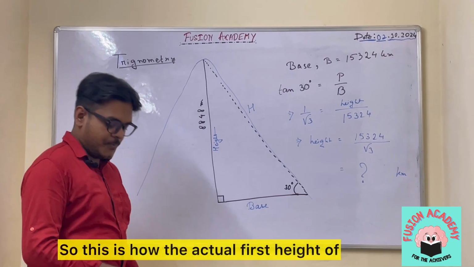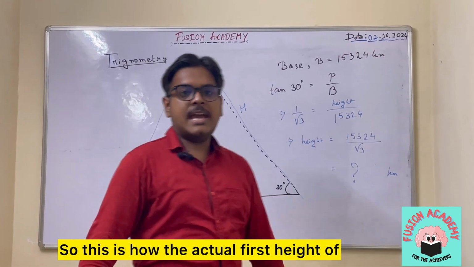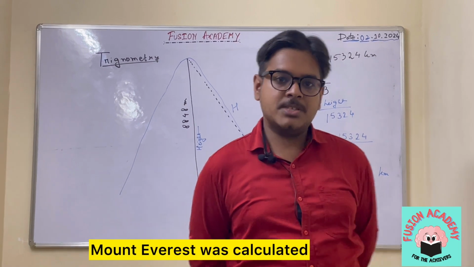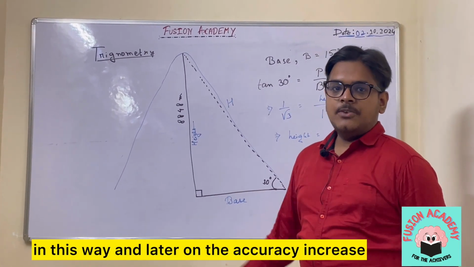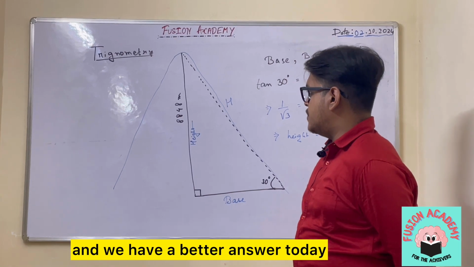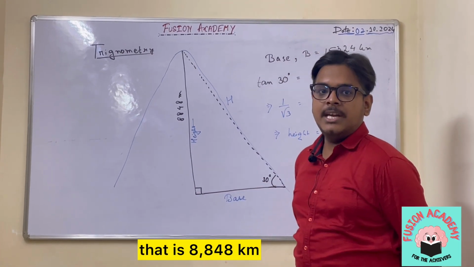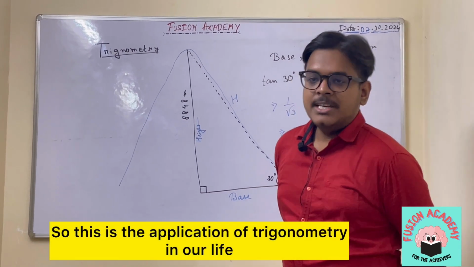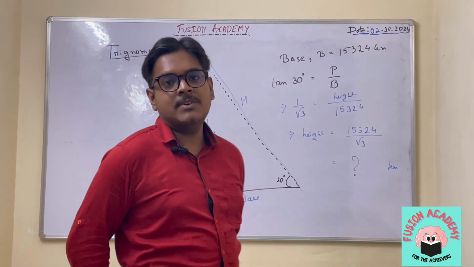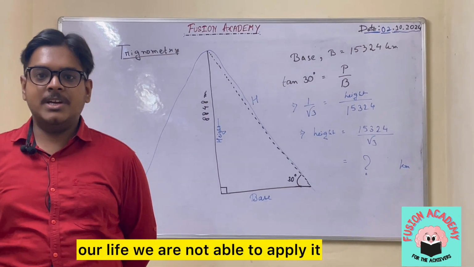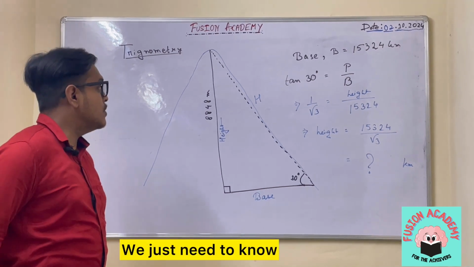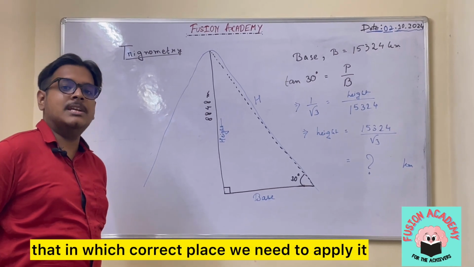So this is how the first height of Mount Everest was calculated, and later on the accuracy increased and we have a better answer today, that is 8,848. So this is the application of trigonometry in our life. Don't go around saying that sine theta, cos theta are not available in our life, that we are not able to apply them. We just need to know in which correct place we need to apply them.